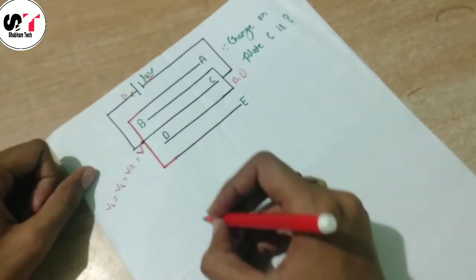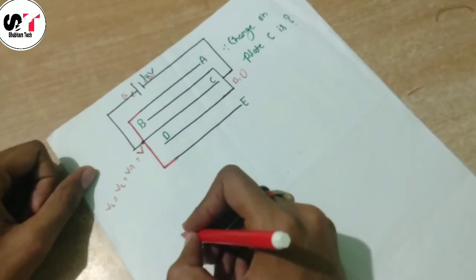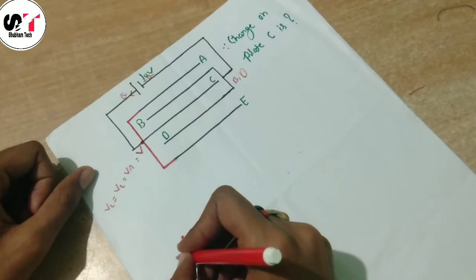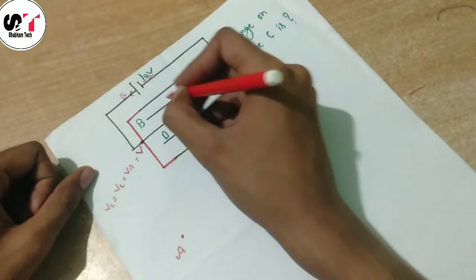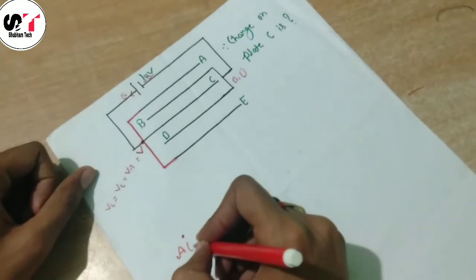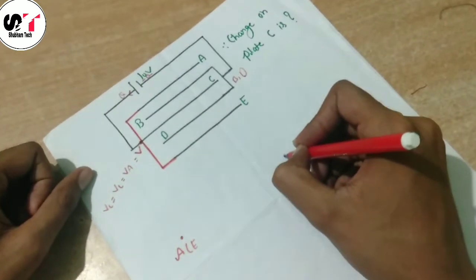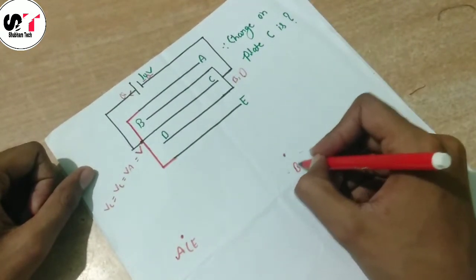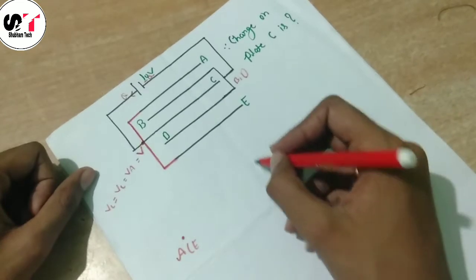It's more clear. This point is A, C, E. This point is B and D because of same potential by the connection of battery.